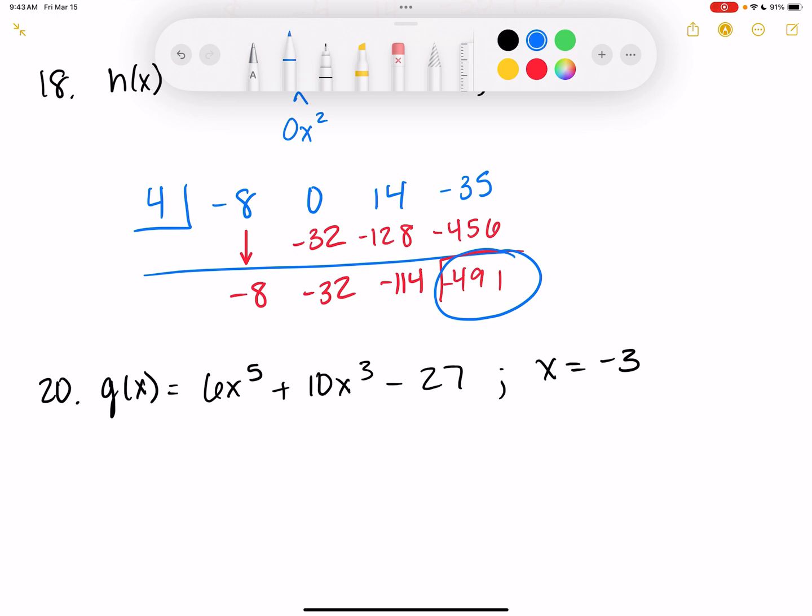Yes and yes. Okay, they're descending, so 5, 3, 0. So I'm missing x to the 4th, so 0x to the 4th, and I'm missing x squared. I'm also missing x. So I have 3 missing terms, actually.